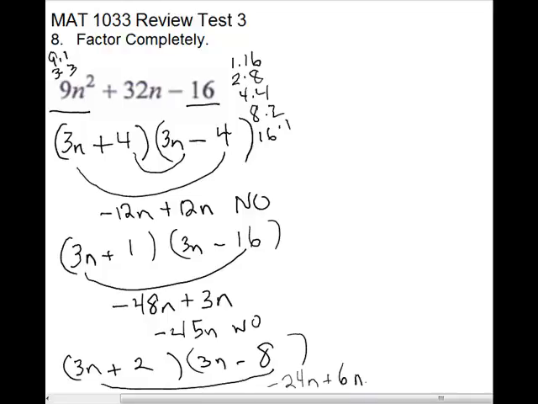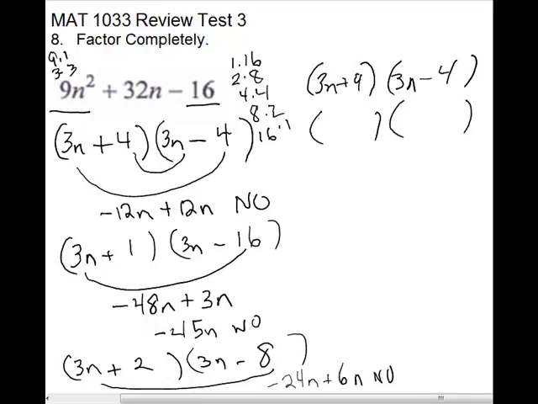Different signs gives us minus 18n. Doesn't work. All right, so we'll go to the next one. 4 and 4, which we actually already tried, so sorry, we won't do that one again. So 3n, 3n, and we'll try 8 and 2, plus and minus.